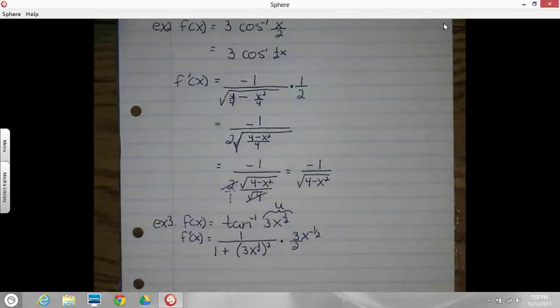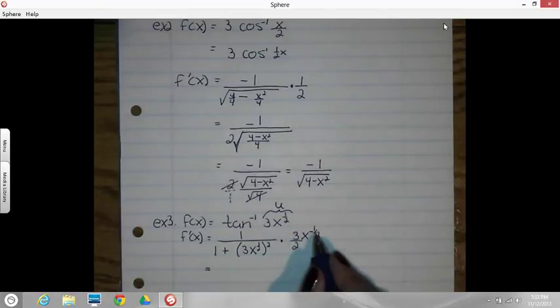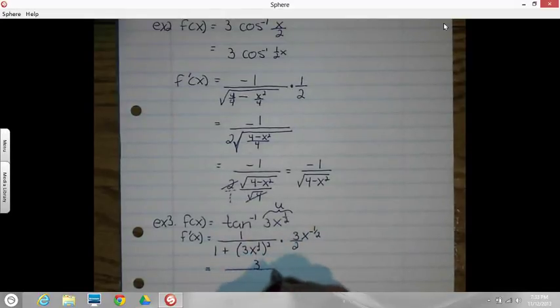Okay, simplifying. In the numerator, I'm going to have the 3. This has a negative exponent. I am going to make it happy and bring it to the bottom. So the only thing I'll have in the numerator is a 3. In the denominator, I've got this quantity 1 plus, squaring this, I've got to square the 3. That turns into a 9.